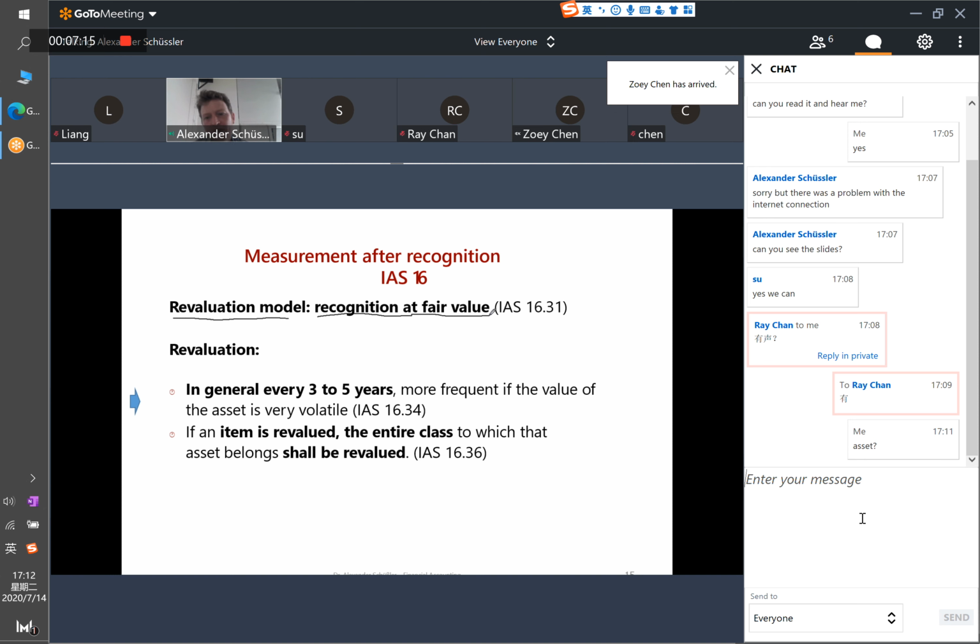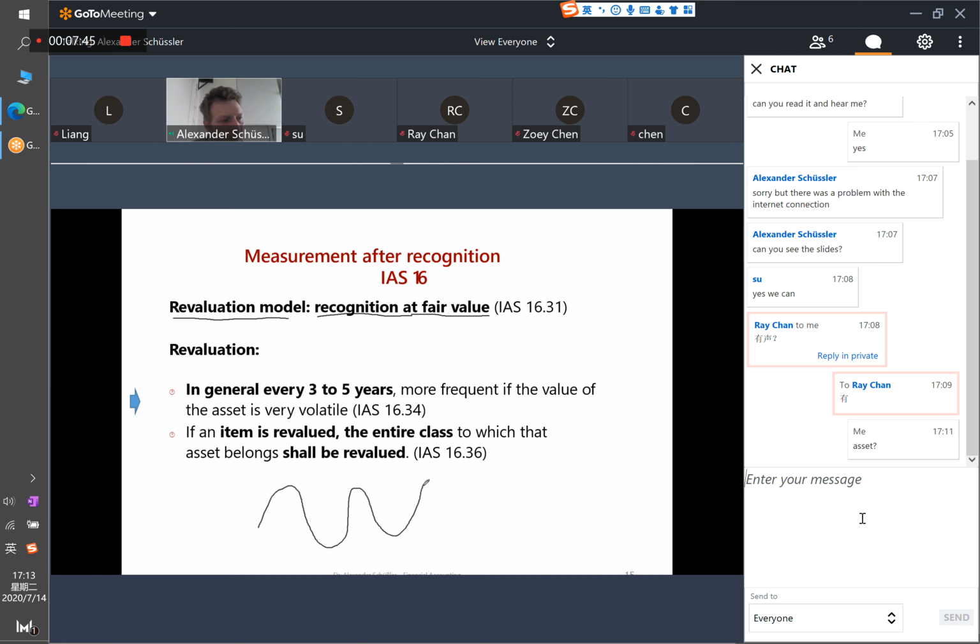Fair value means that whenever the value fluctuates over time, you have to recognize this value. Yeah, so you have to put this value on the balance sheet.